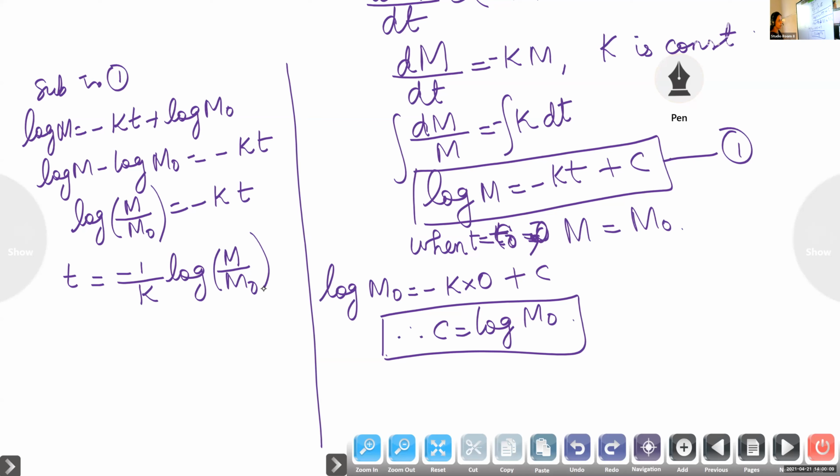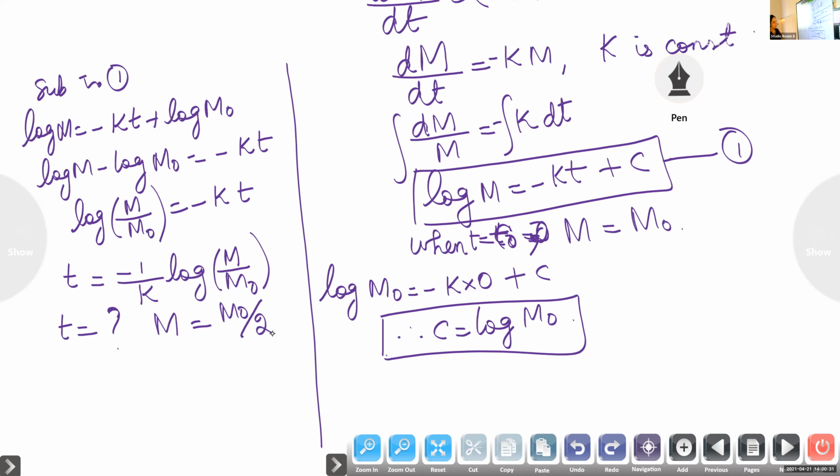Now what is given? What do you have to find here? Find the time when the mass will be halved. When time is the unknown, we have to check when the mass will become half, m naught by 2. Initially it is m naught.